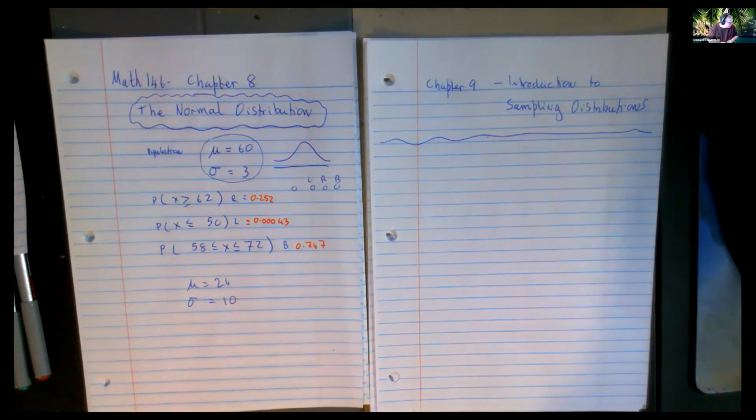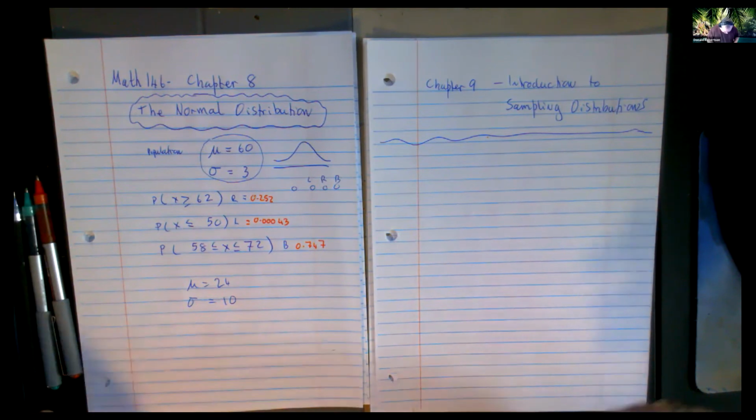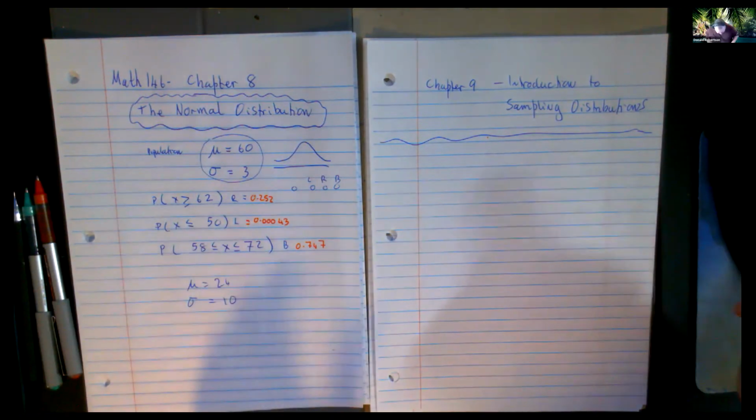Essentially, what we're going to do is some of the nomenclature, right? The jargon words that are used in sampling. And in particular, we're going to look at what is called a sampling distribution.